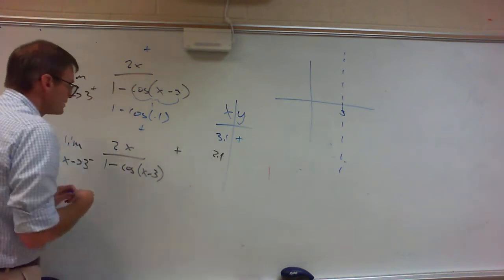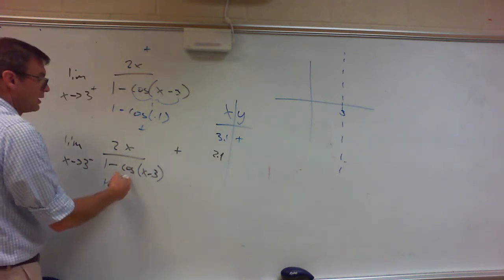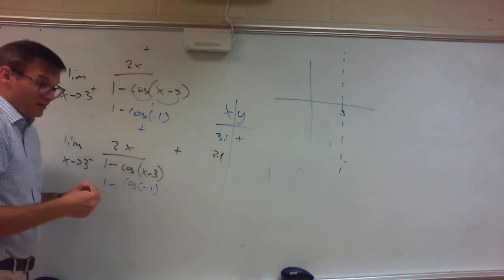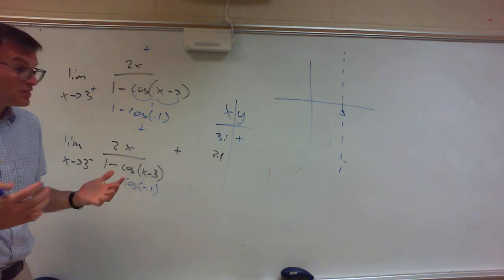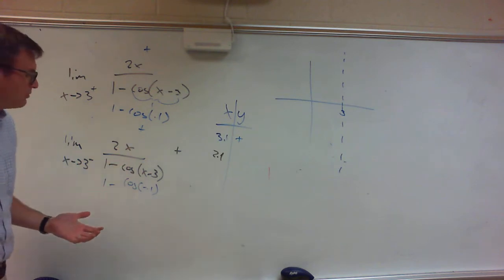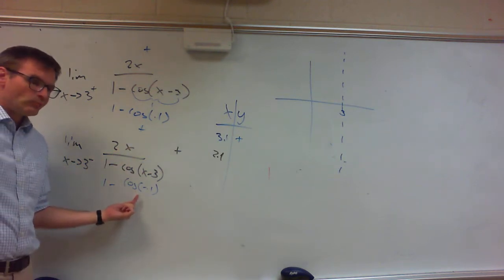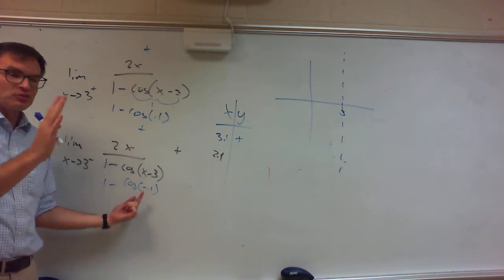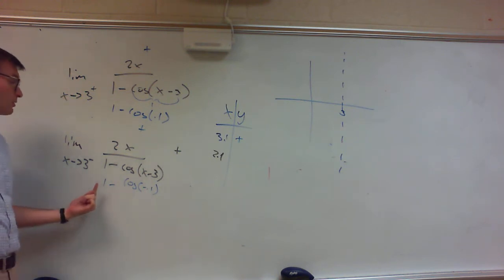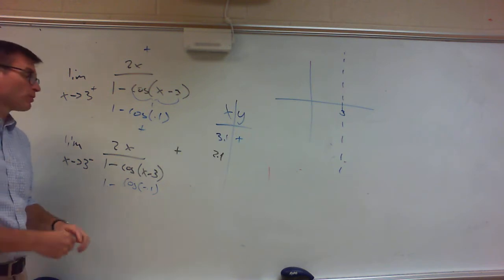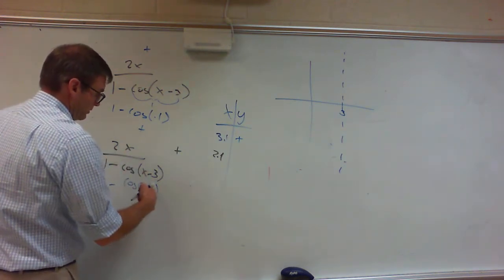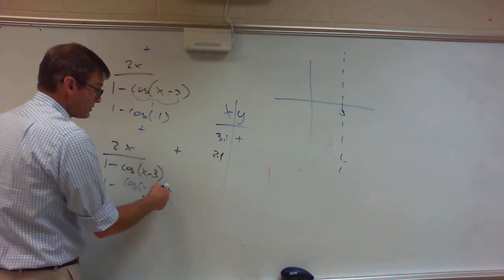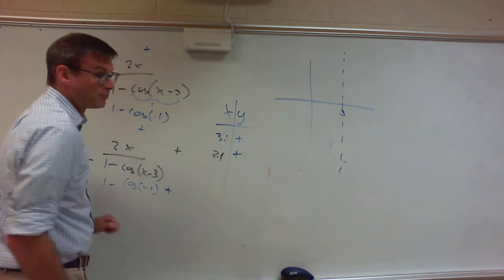And when I plug this in, I get 1 minus cosine of -0.1, which, again, seems intimidating. But if you think about the graph of cosine, the biggest this thing ever gets is 1. And if I move anything off 0, it's going to be less than 1. So this is going to be 1 minus something smaller than 1, and so it's also going to give me a positive number. So I get positive over positive, which is positive.